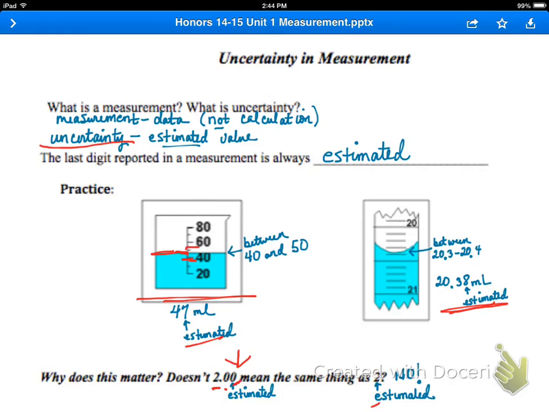If I were to report something as 2, that means I don't even have certainty on this digit. That would mean I have some device where this is 0 and this is 10, and I can only estimate in between. So the measurement you report tells the scientist reading your report how precise your glassware was.